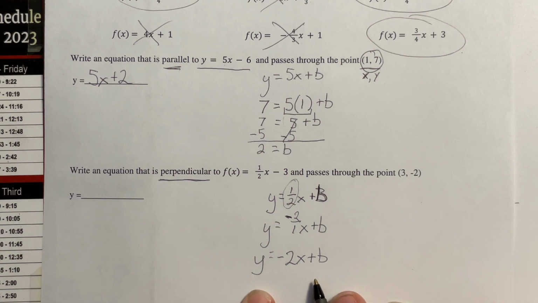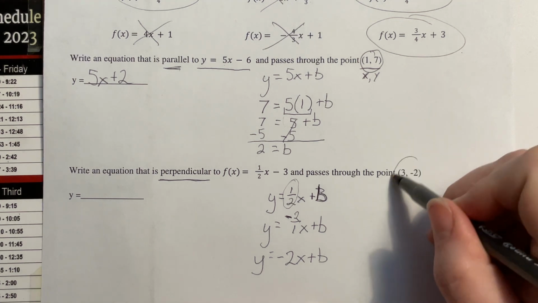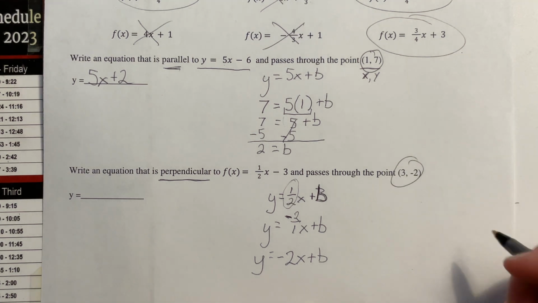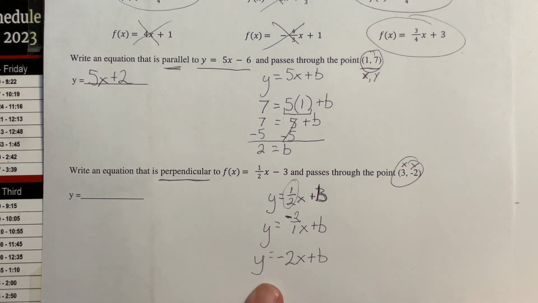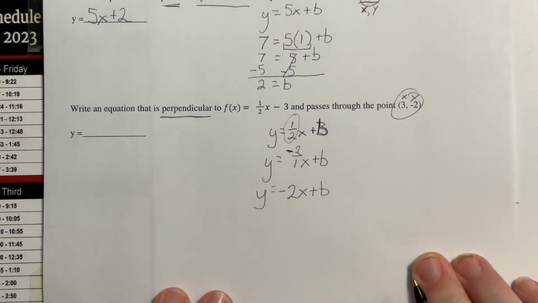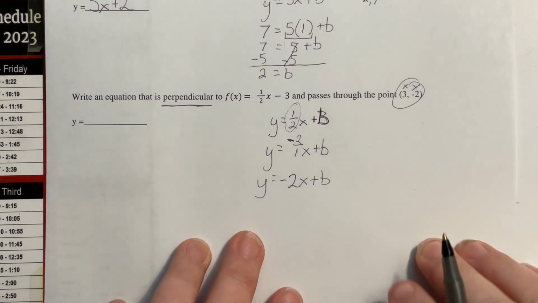Okay, so is that my answer? No, it's got too many variables in it. I still need to solve for b. So now I'm going to do the exact same thing that I did in the last problem. I'm going to use this point. Remember, the first one is my x, and the second one is my y. Okay, I'm running out of space here. Let me scooch this up. All right, so let's plug in those values.